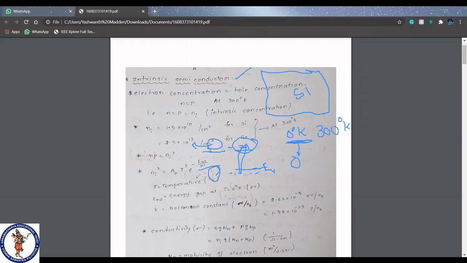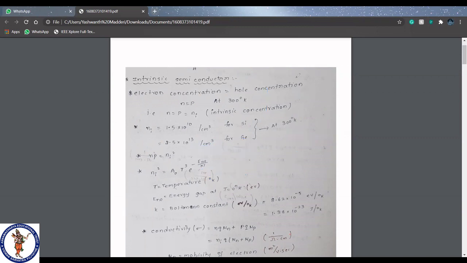These are the two charge carriers that produce current. We all know the current, and that current has two types: one is electron current, another one is hole current, which together make the total current.